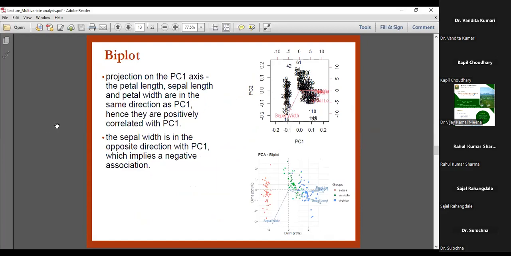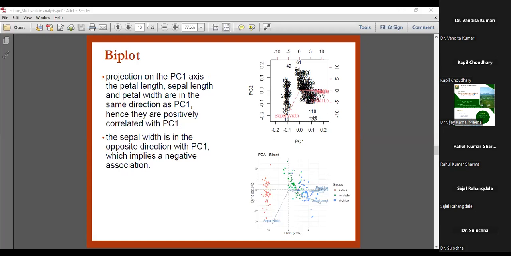Also, we can see the projection of the principal component on the PC1 axis. What we find on the PC1 axis is that petal length, sepal length, and petal width are in the same direction as PC1.